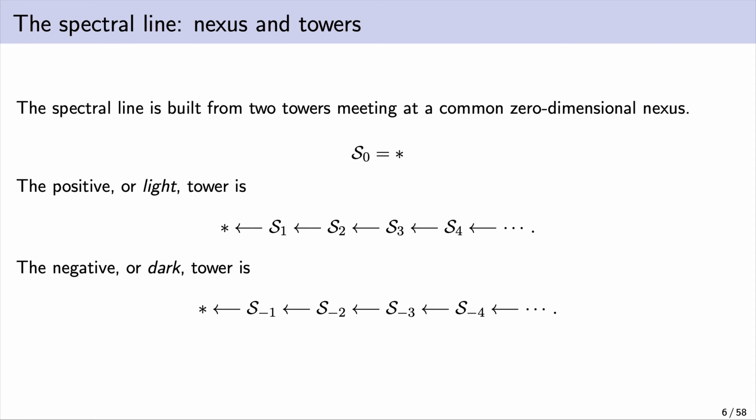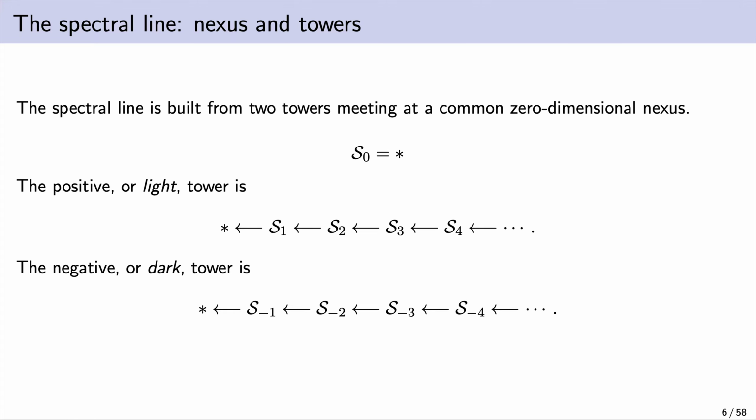So the spectral line, the nexus and towers. Like I said, the spectral line is built from these towers meeting at a nexus point. We'll define S0 to be this nexus point. The positive or light tower is the inverse limit of the n seeds where n is greater than 0.